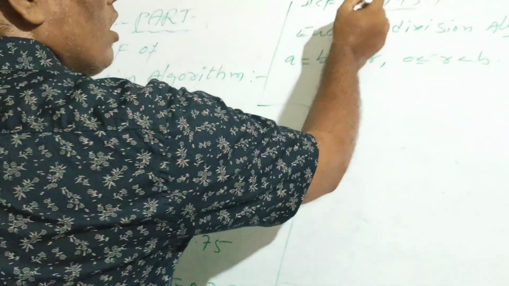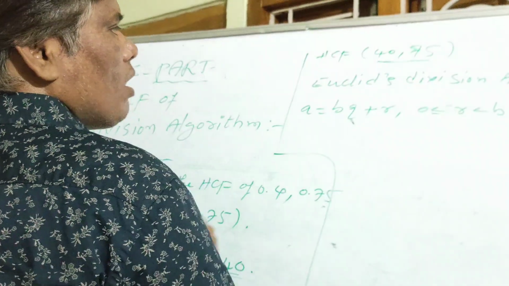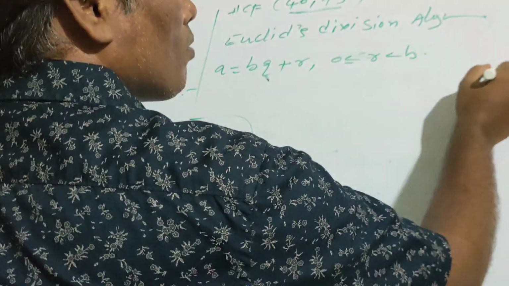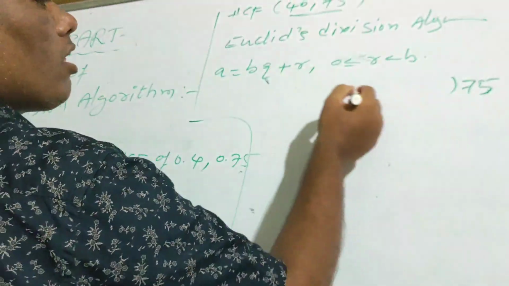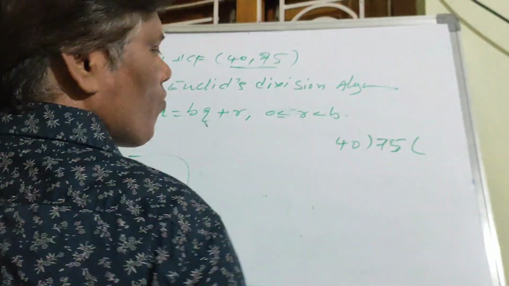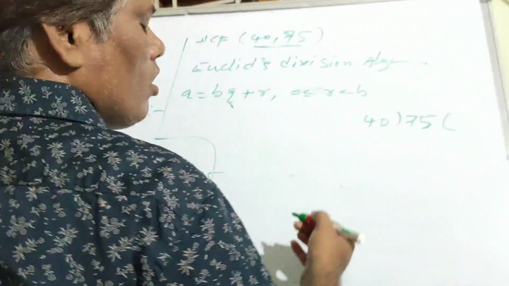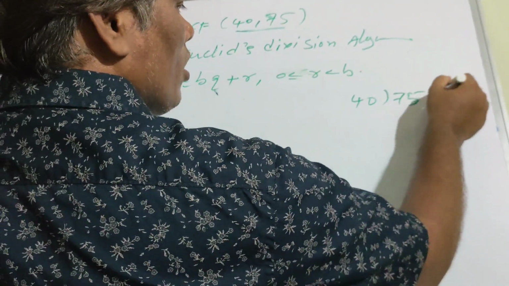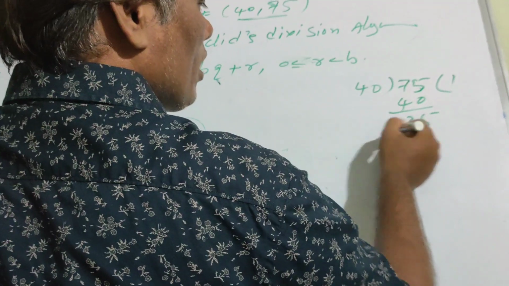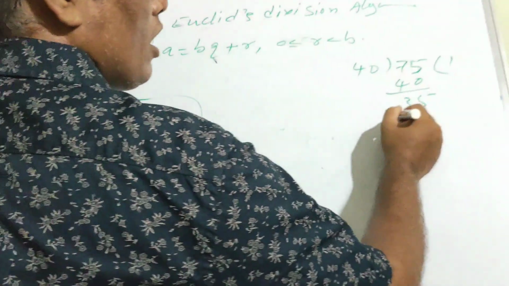In the first step, let us apply Euclid's division lemma to these 2 numbers 40 and 75. Here the larger number is 75 and the smaller number is 40. So let us divide the larger number by the smaller number and find the unique quotient and remainder. 75 divided by 40 gives quotient 1 and remainder 35.